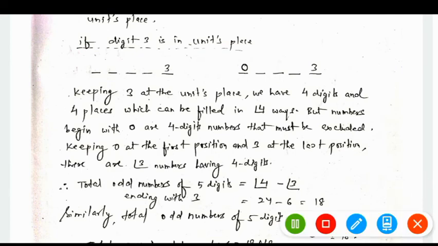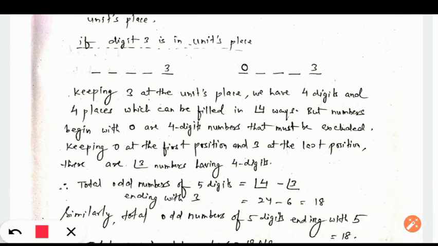But I am keeping 0 among these digits. That means among the 4 digits in 4 places, it may be possible that 0 will come at the front.